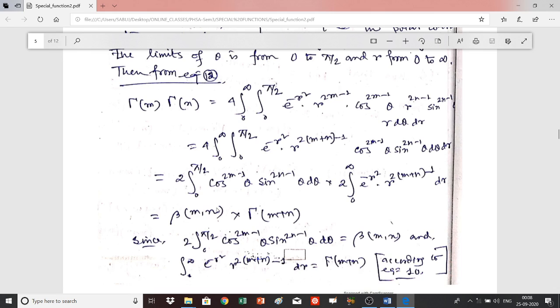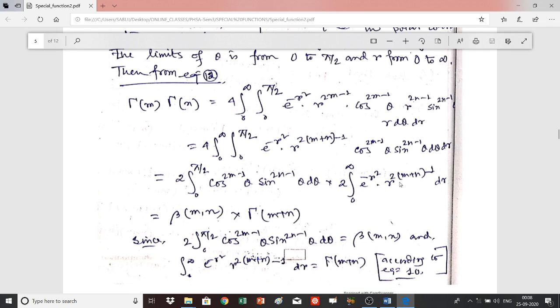So the first term is beta mn, and the second term is the integral from 0 to infinity of e to the power minus r squared, r to the power 2 times (m plus n) minus 1 dr. If you just look at this, here 2 will be here.